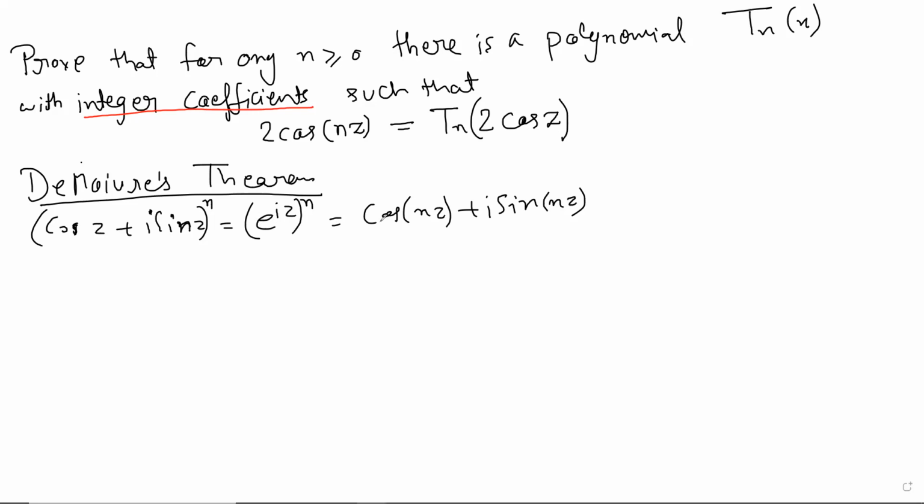But now you want an expansion of cos nz, or rather 2 cos nz, only in terms of cos. Or at least you do not want the n in the argument, right? So then it's a very simple idea: you just expand this using the binomial theorem.